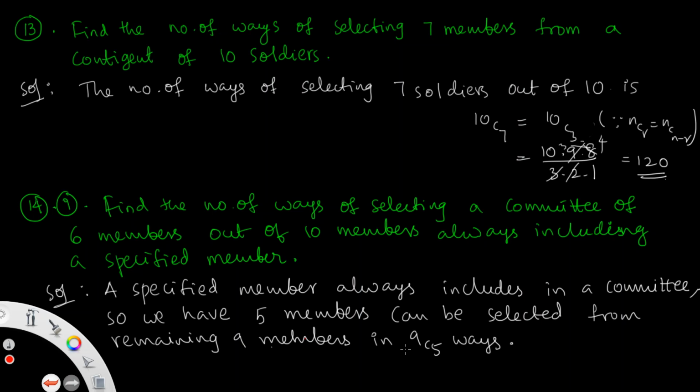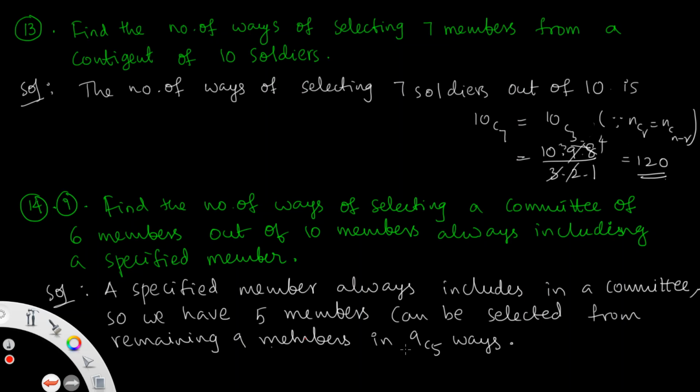So a specified member always being included means we select 5 members out of the remaining 9, because 10 minus 1 is 9. That person is already included in the committee, so the total number of persons left becomes 9, and we need 5 members in the committee out of 6.